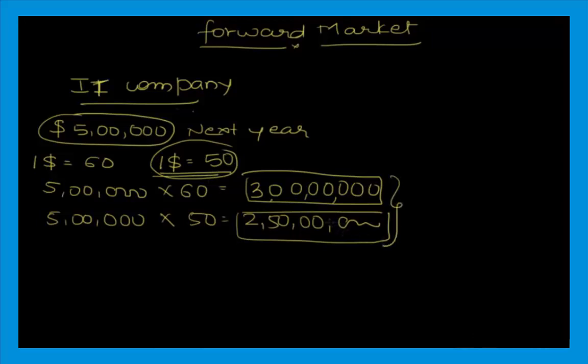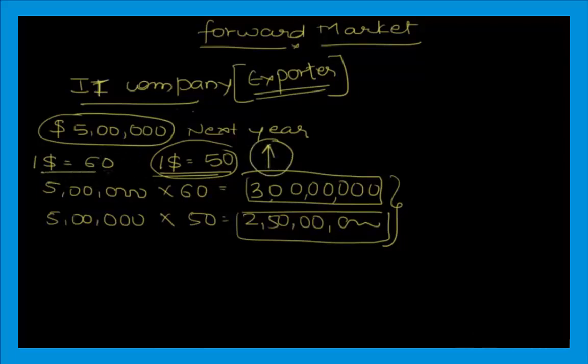This is a case of an exporter. As an IT company, I export software. I am anticipating that if the rupee appreciates from 60 to 50 per dollar, I might have a problem. So now I would want to hedge my currency risk.